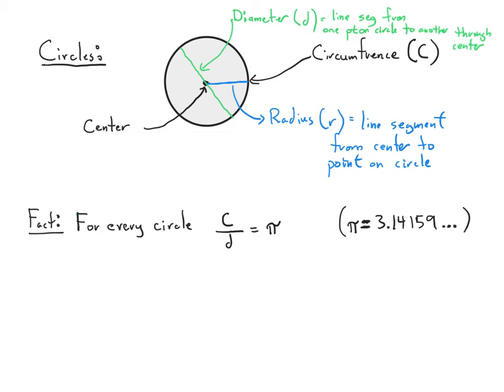And there's a fact, and it's kind of, in some sense, astonishing fact. Take any circle that you like, measure its circumference, measure its diameter. You will always get this number pi. And that fact had been discovered in ancient Greece thousands and thousands of years ago. So it's a very old fact, a very interesting fact.